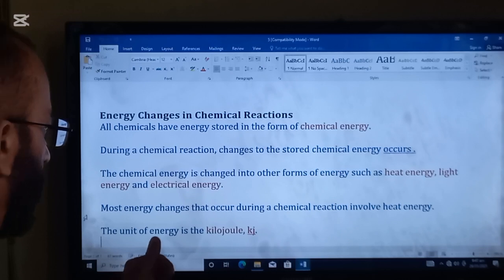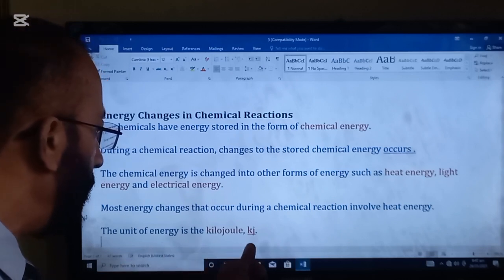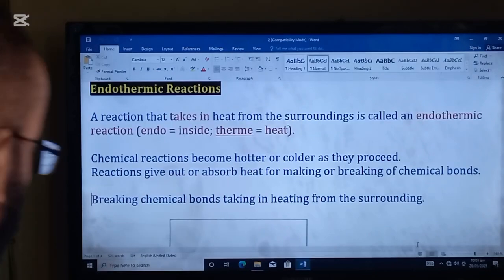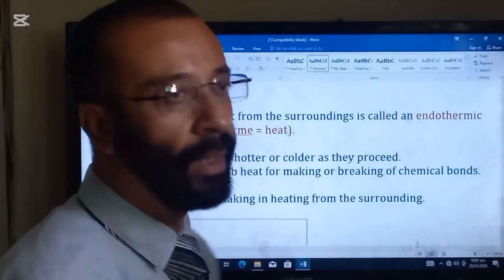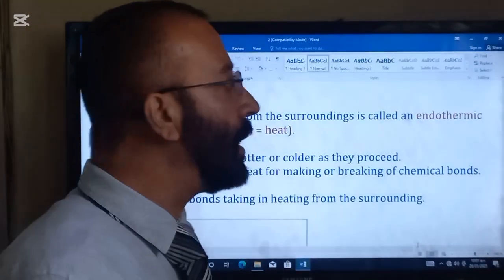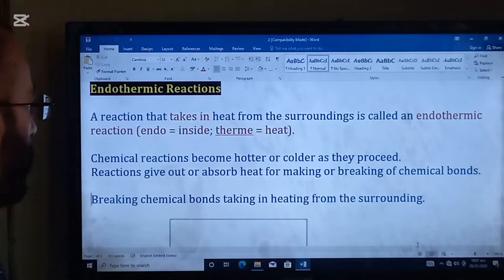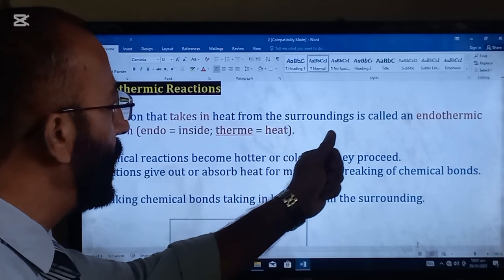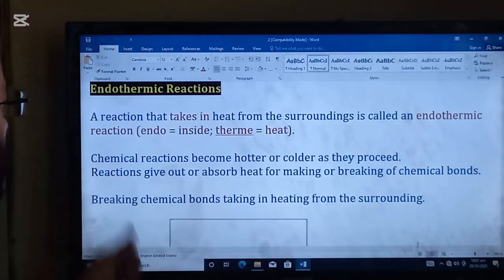The unit of energy is the kilojoule, represented by kJ. Now we are going to read about endothermic reactions. A reaction that takes in heat from the surroundings is called an endothermic reaction.